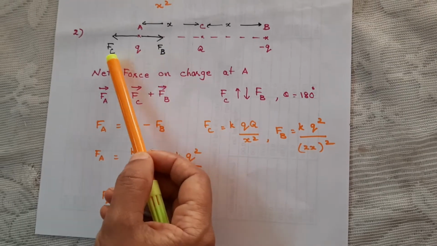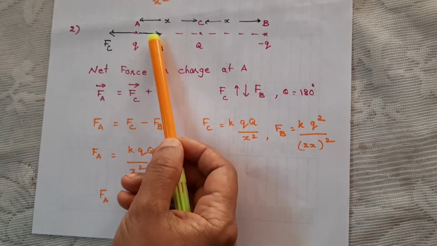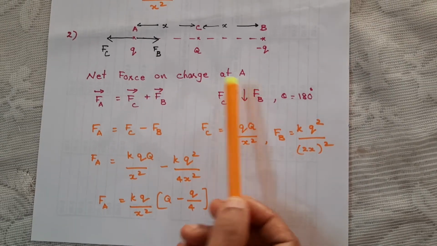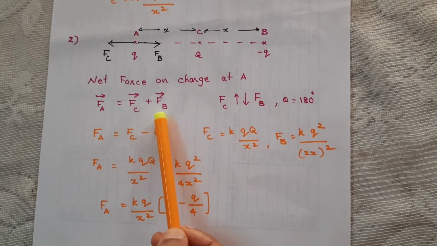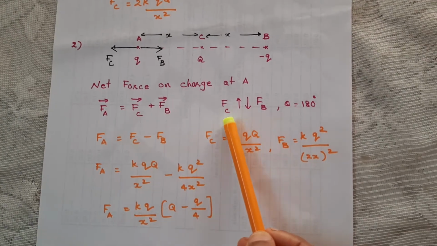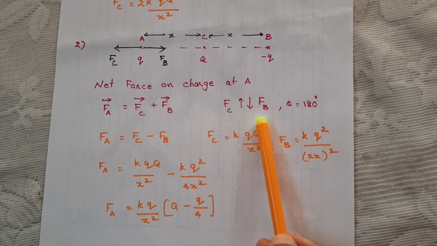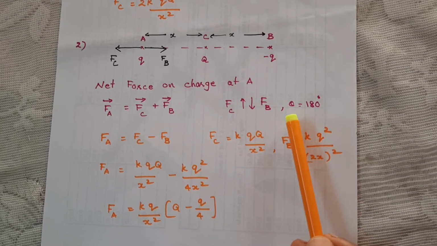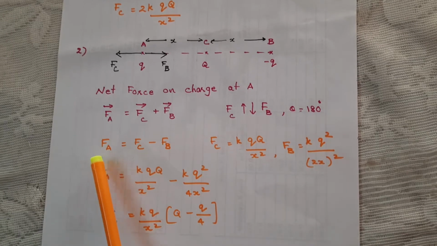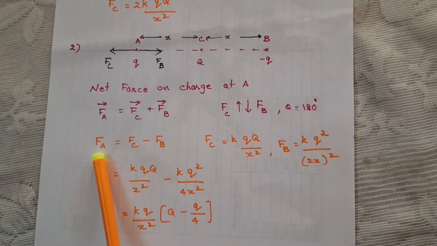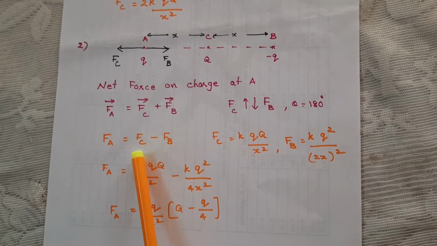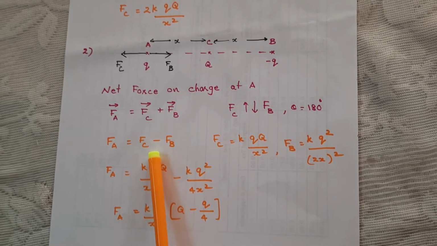But Fb and Fc are opposite in direction. So the net force on charge at A, Fa is the vector sum of Fb and Fc. But Fc and Fb are opposite in direction, or the angle between them is 180 degree. So the magnitude of the resultant force Fa is equal to the difference between the two forces, Fc minus Fb.